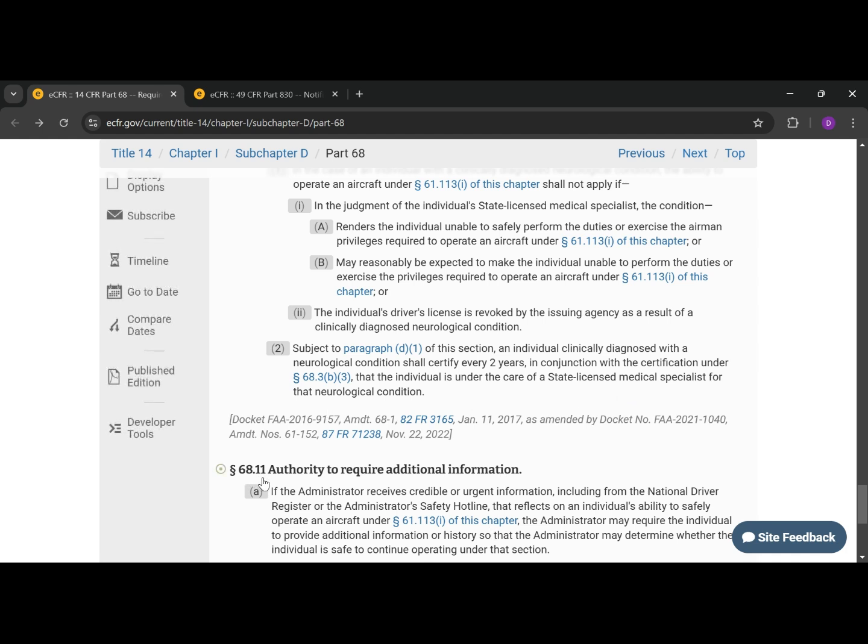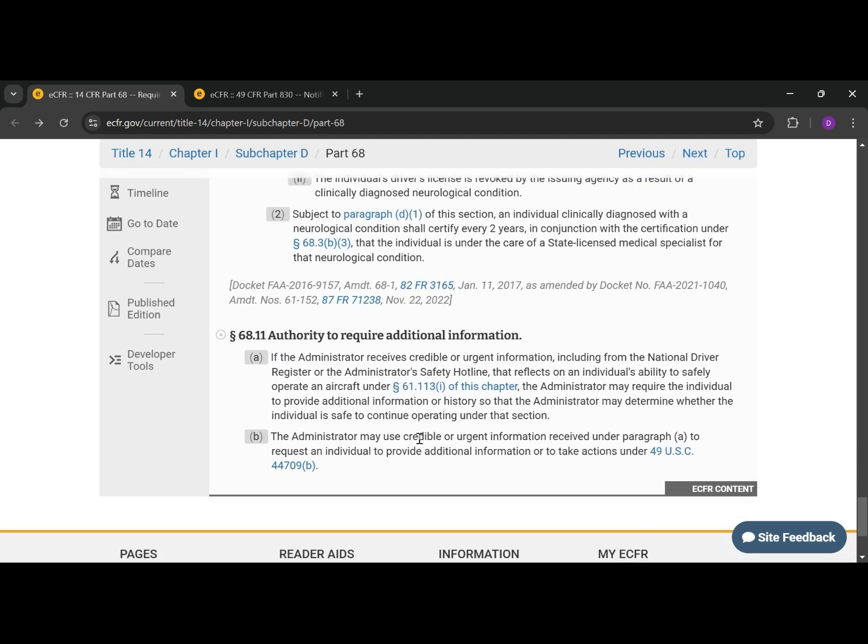Next we have 68.11, authority to require additional information. If the administrator receives credible or urgent information, including from the National Driver Registration or the Administrator's Safety Hotline, that reflects on an individual's ability to safely operate an aircraft under 61.113I of this chapter, the administrator may require the individual to provide additional information or history so that the administrator may determine whether the individual is safe to continue operating under that section.